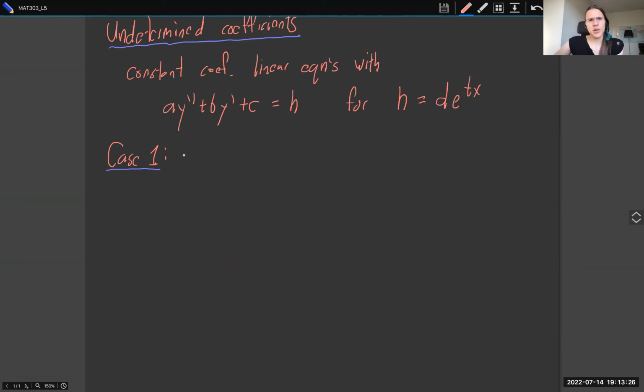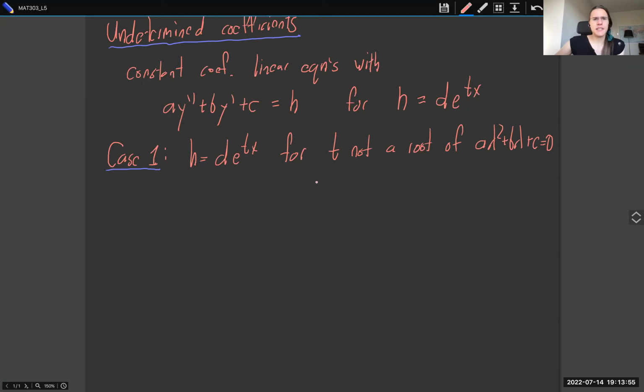So case one is going to be that h is equal to d times e to the tx for t not a root of a lambda squared plus b lambda plus c equal to 0.